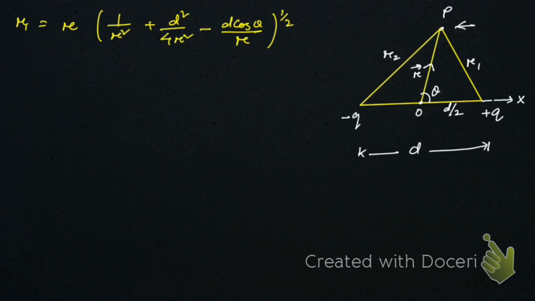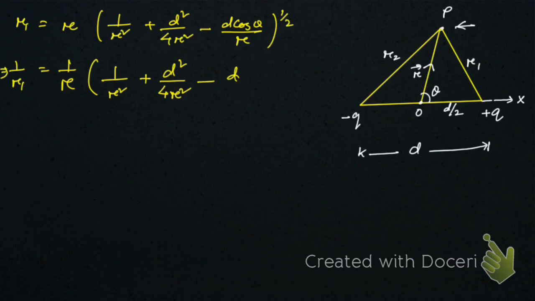So now you see, if you take reciprocal, so 1 by r1 will be equal to 1 by r, this power is going to be negative on taking reciprocal, so here 1 by r square plus d square by 4 r square minus d cos theta by r whole to the power minus half.